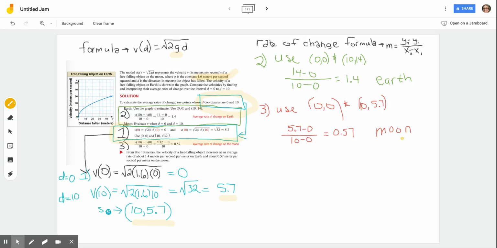And so this is the rate of change for the moon. So then you can tell down here, it tells you that from 0 to 10 meters, the velocity of a free-falling object increases at an average rate of about 1.4 meters per second on Earth and about 0.57 meters per second on the moon.